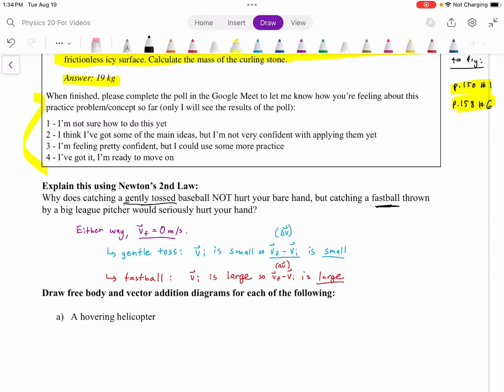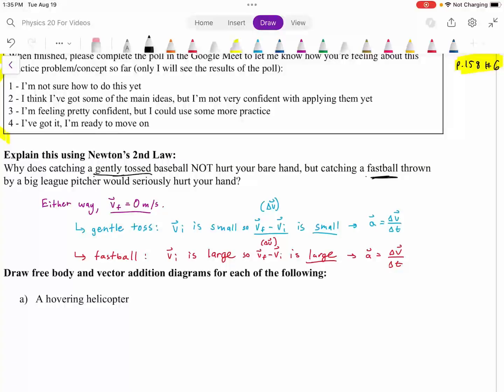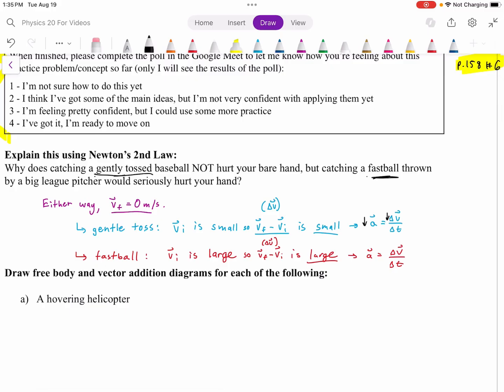You're just sticking your hand out and catching it. So since the gently tossed ball has a smaller change in velocity, that requires a smaller acceleration, right? And vice versa. The fastball has to go through a very large change in velocity and therefore needs a larger acceleration.